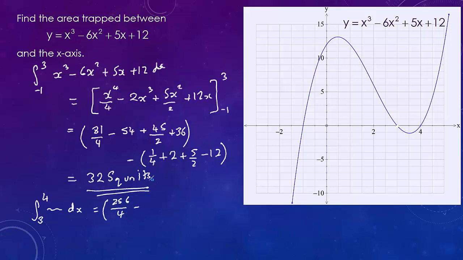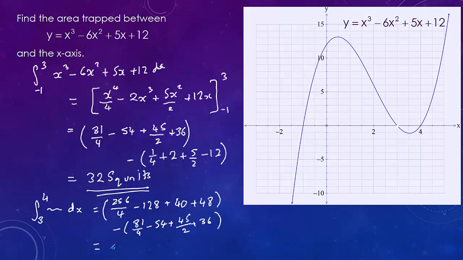Take away 4 cubed is 64, so take away 1, 2, 8. And then we've got 5 times 16, 80 over 2, which is 40. And then 12 fours, add 48. Take away the 81 over 4, take away 54, add 45 over 2, add 36.